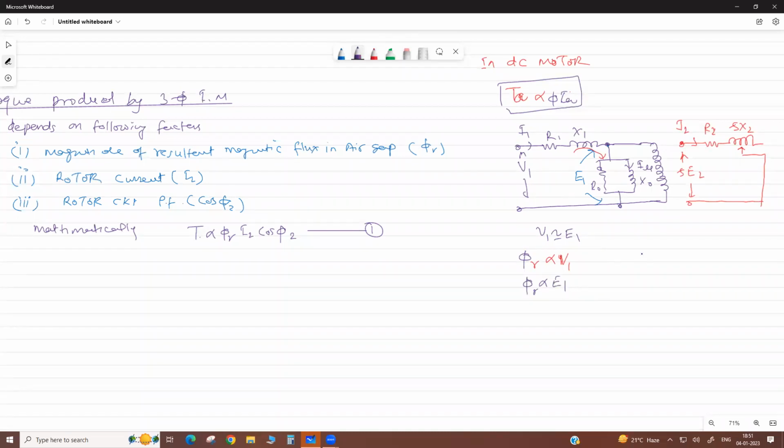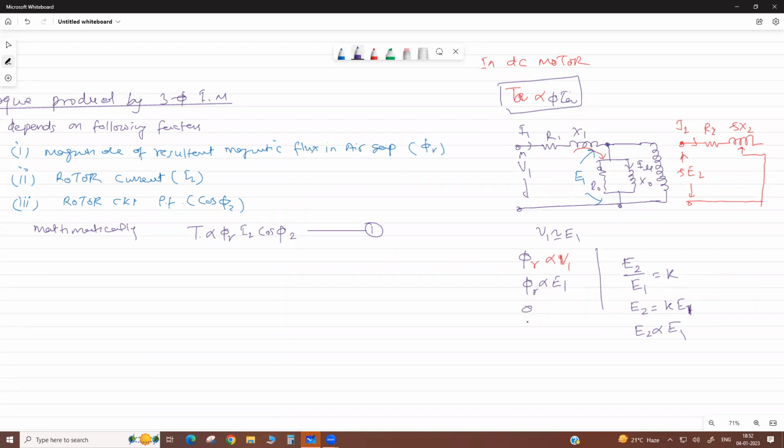Now you know this E2 and E1, the induced voltage in primary and secondary. So E2 by E1 equals K. Then E2 equals K times E1, it means E2 is proportional to E1, by turns ratio.